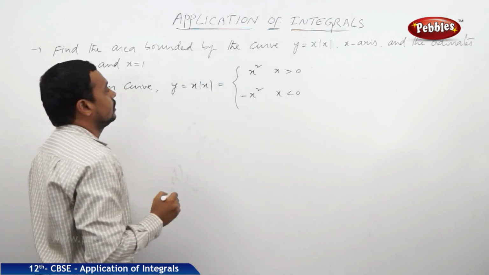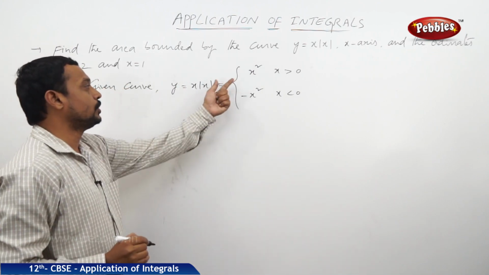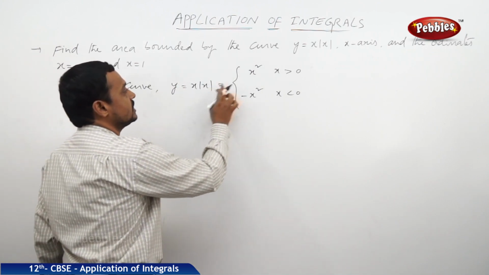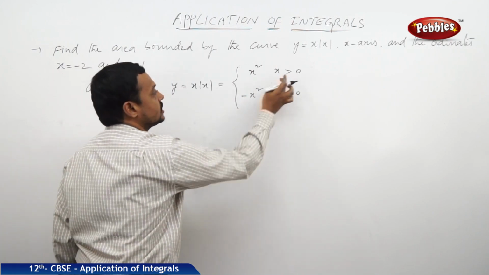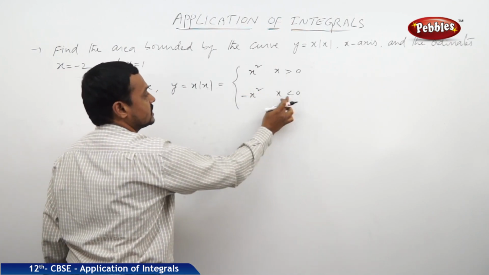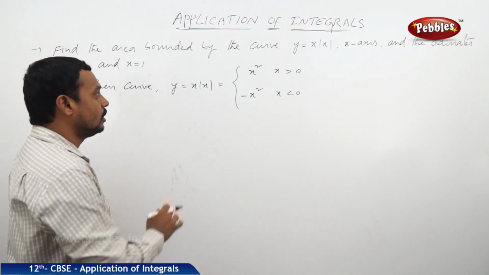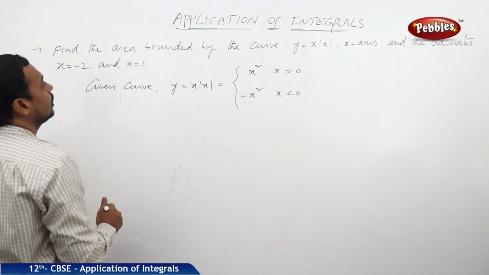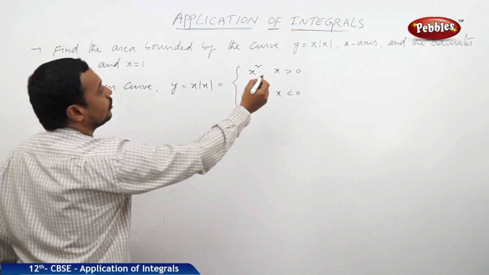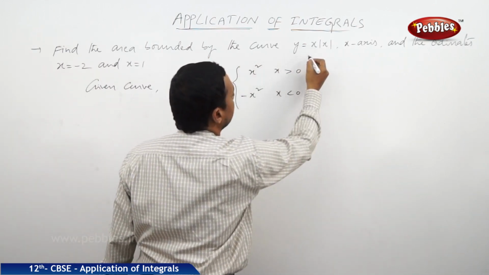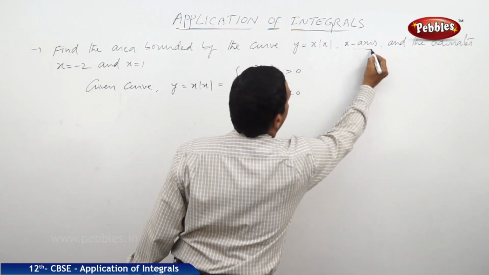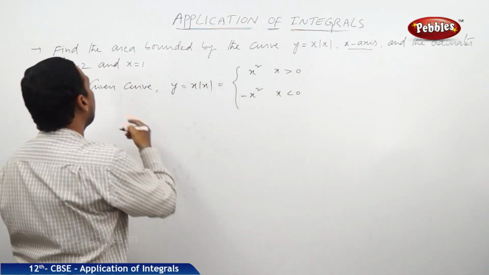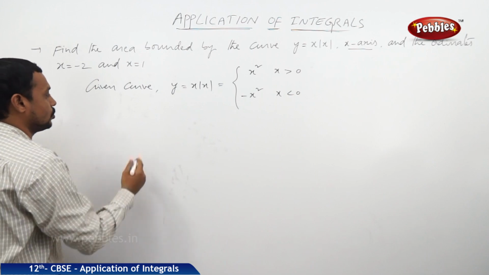So the given curve can be defined in two ways: y is equal to x square when x is greater than 0, and y is equal to minus x square when x is less than 0. Both represent parabolas symmetric about the y-axis. Here we have to find the area bounded by these curves with respect to the x-axis between the ordinates x is equal to minus 2 and x is equal to 1.